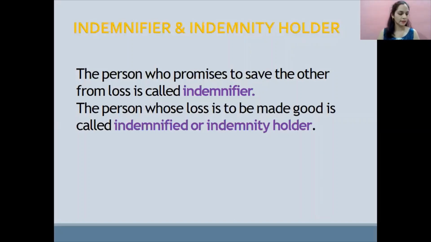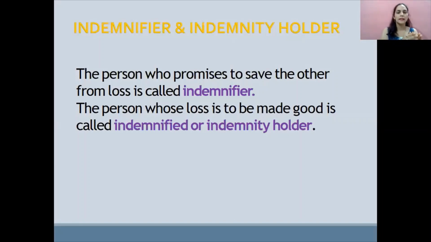So basically, let's understand: when Mr. A takes an insurance policy for covering his bike against loss caused due to theft, fire, etc., that contract between Mr. A and, supposedly, Oriental Insurance Company is termed a contract of indemnity.